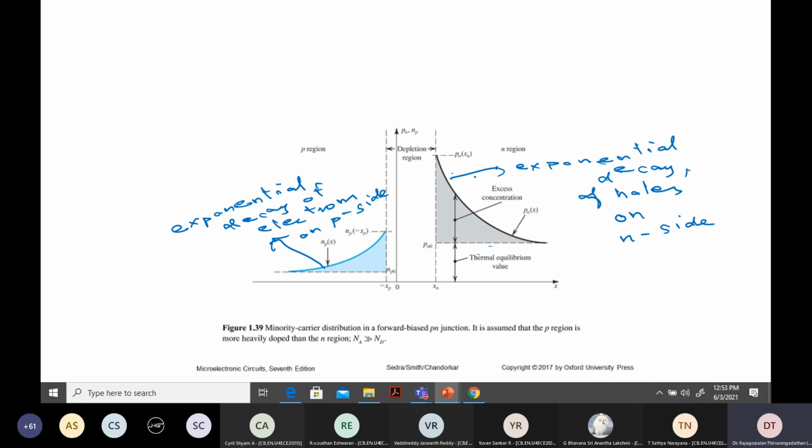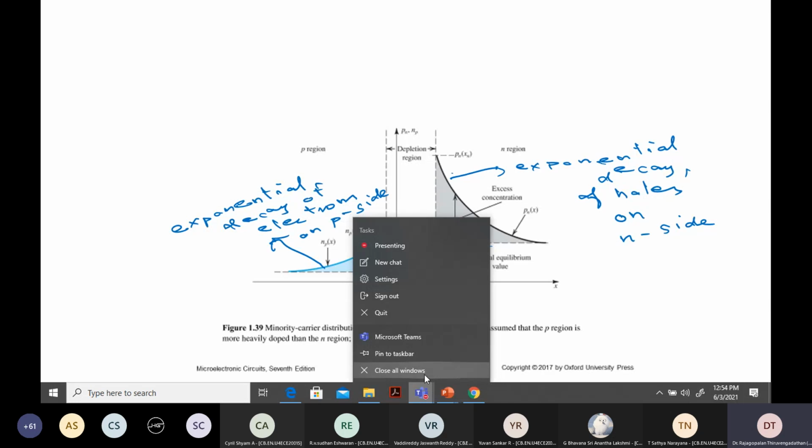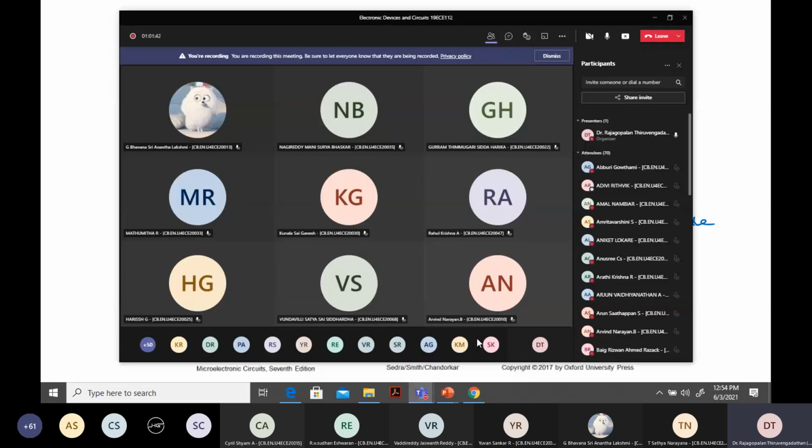Therefore, they are getting decreased. Now, whatever is decreasing as a result of recombination will be replenished by the application of forward bias, because you have a source. The source, please understand this carefully.